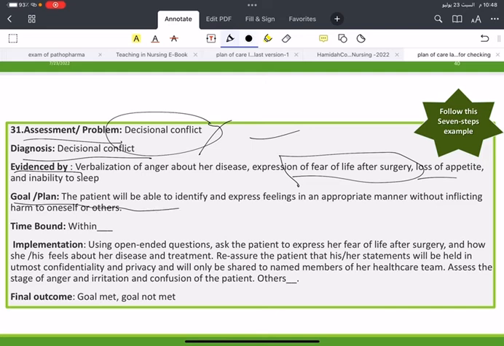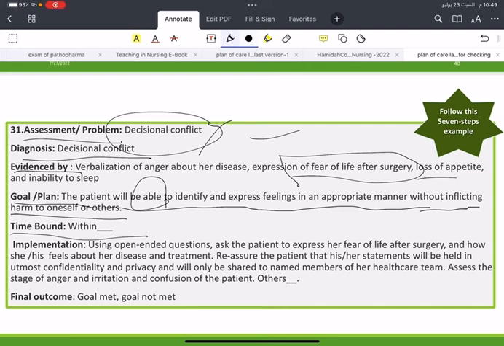And then the goal, what you want to do: let the patient identify and express his feeling, make him able to identify and express the feeling in an appropriate manner without inflicting harm to himself or to others, or to somebody.